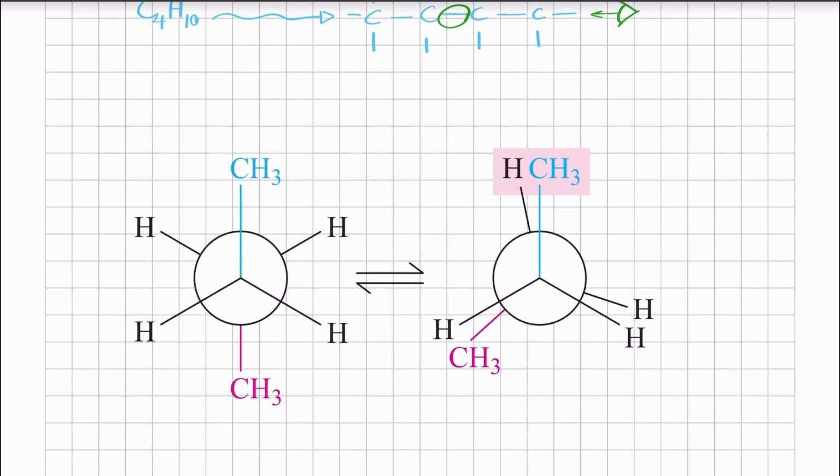So this dot is showing the carbon in front, and this circle is showing the carbon in back. If we take a deeper look, we can understand that this methyl group is connected to the front carbon. However, this methyl group is connected to the back carbon.